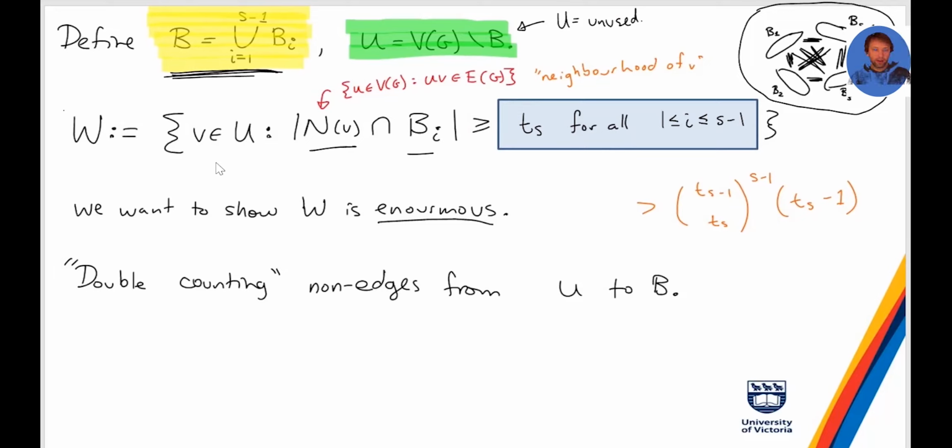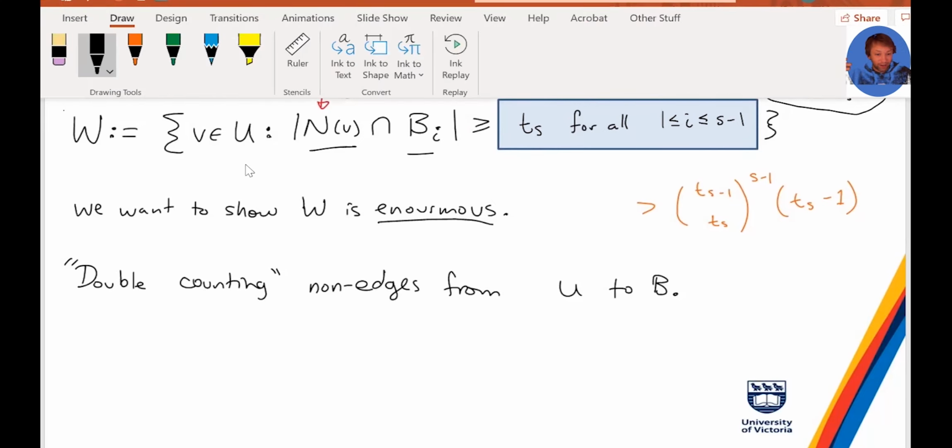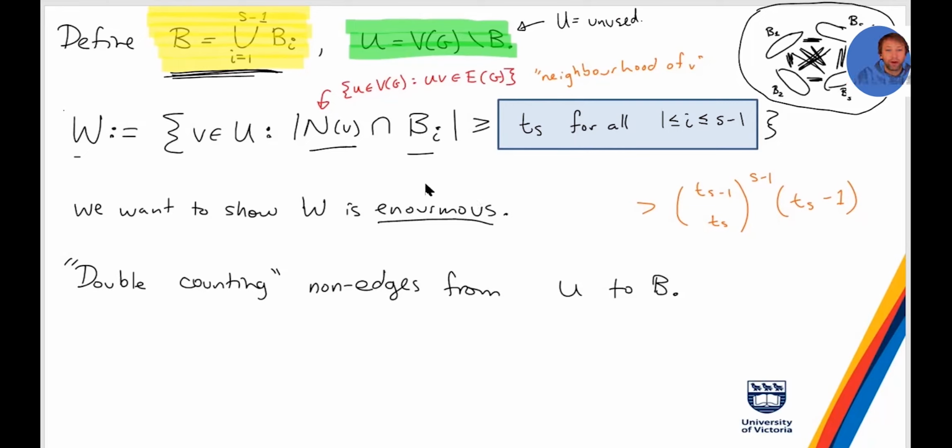These are the vertices which have enough neighbors in all of the sets so that they could, in theory, be part of the new part of the complete multipartite graph. But we still, like I said, have to find a lot of them which have the same neighborhood. But at least these ones have large enough neighborhoods in those sets. So W is not really in the picture. It's part of the unused vertices, which are over here, let's say. These are the vertices that are not in B, and a vertex in W is one that's over here.